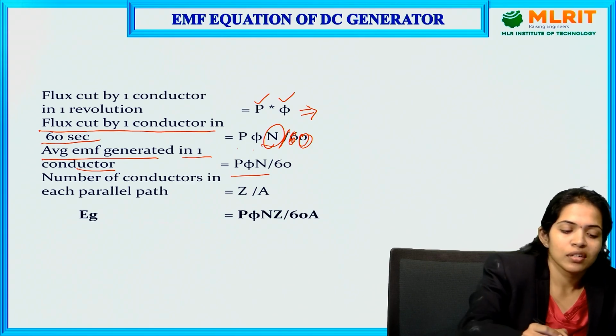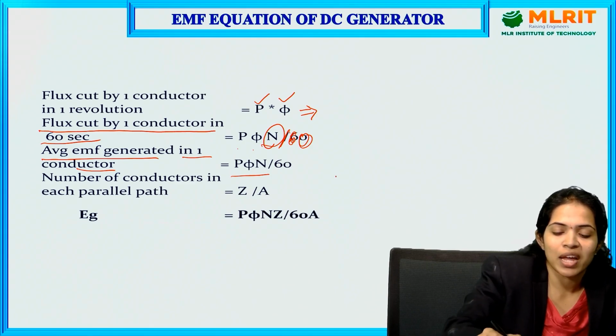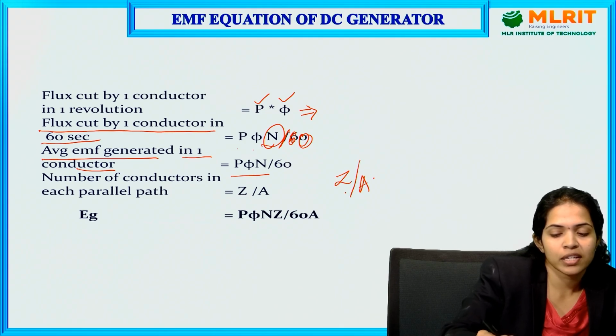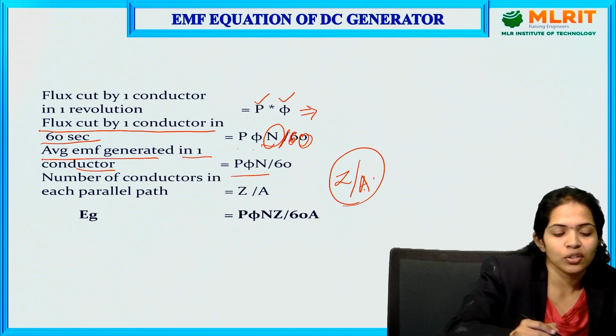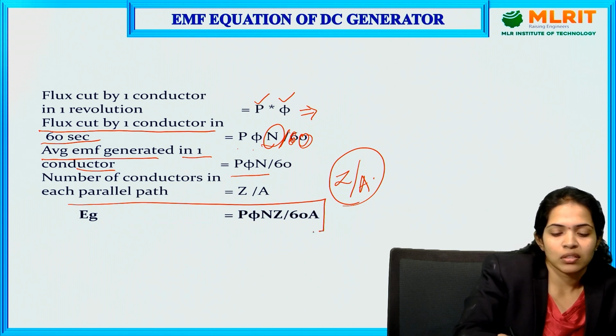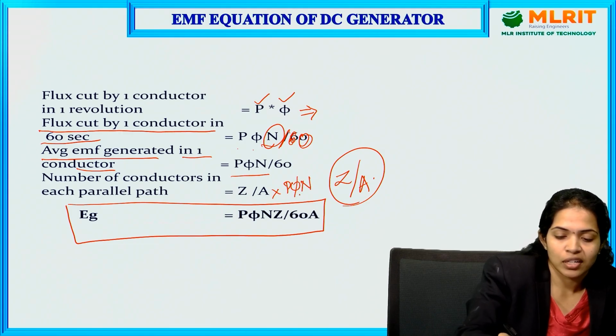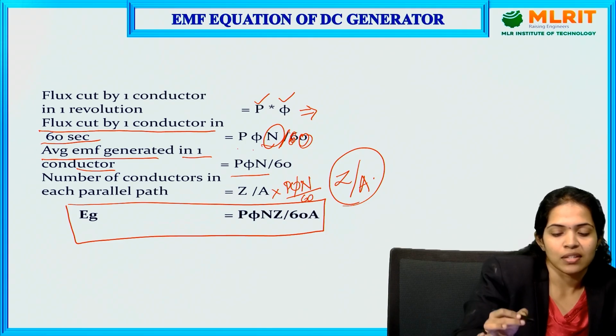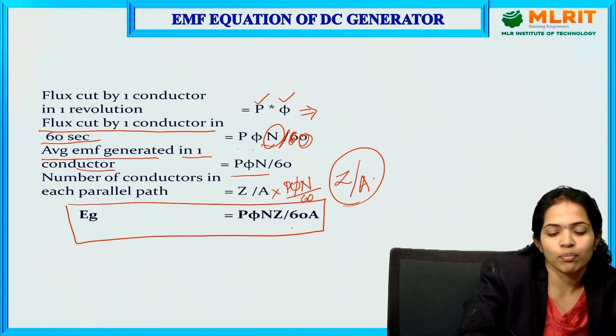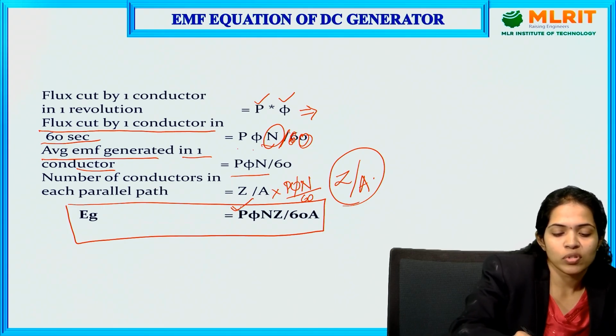If we consider the number of conductors in each parallel path, Z by A, then your EMF equation turns out to be the number of conductors multiplied by the average EMF generated in a conductor, which is P into phi N Z divided by 60A.